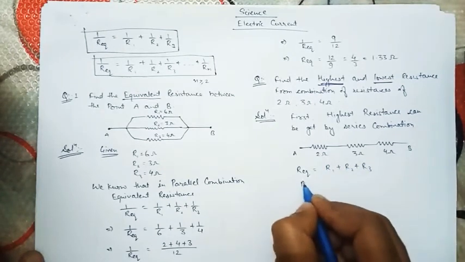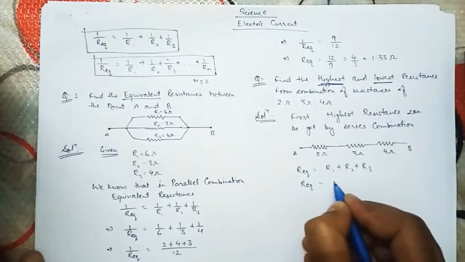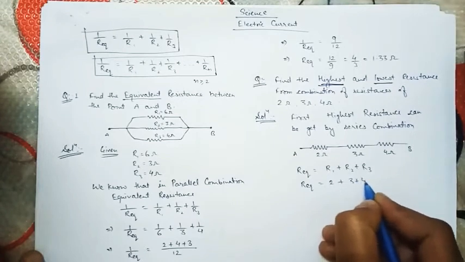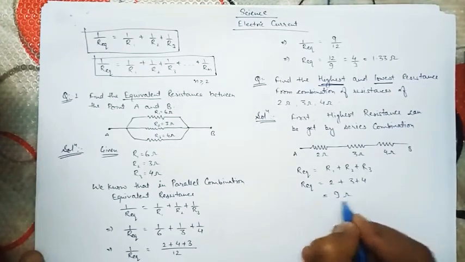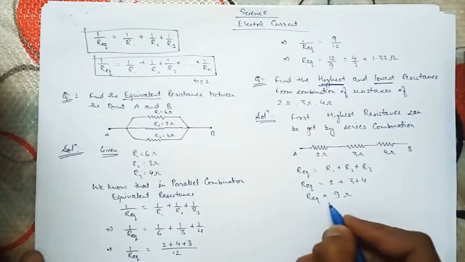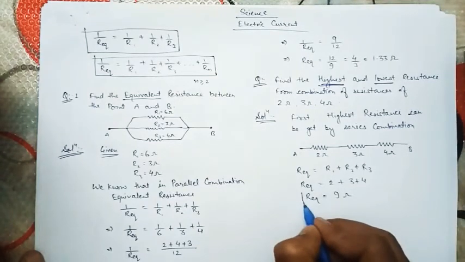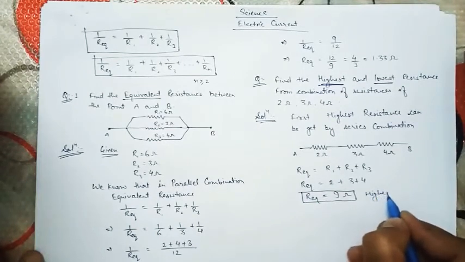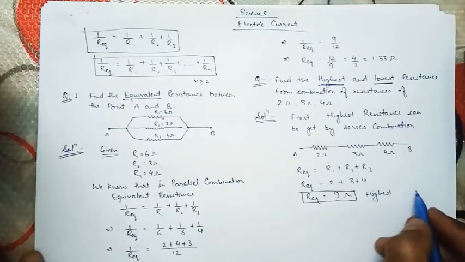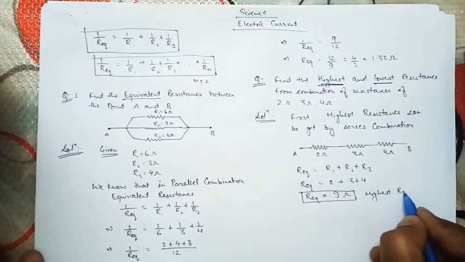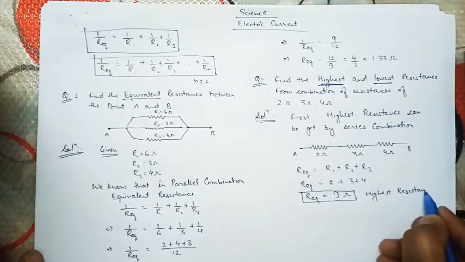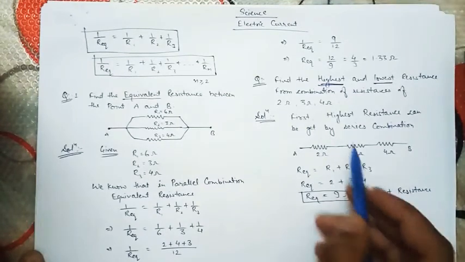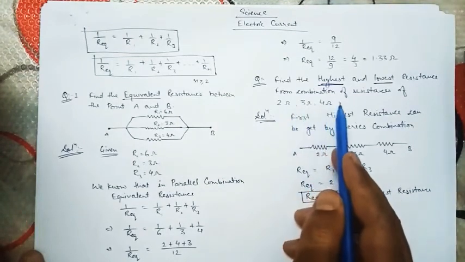Now we put the values of R1, R2 and R3, that is 2 plus 3 plus 4, that is 9 ohm. So the highest resistance is 9 ohm. It is the highest resistance because it is obtained from the series combination. It is the highest resistance that can be made by the combination of these three resistances.